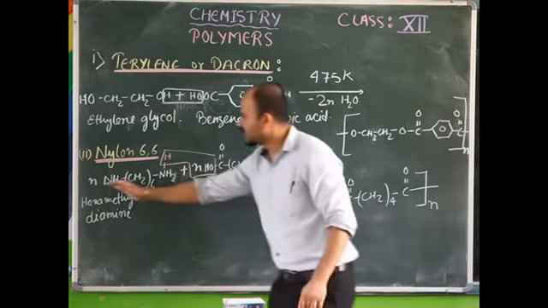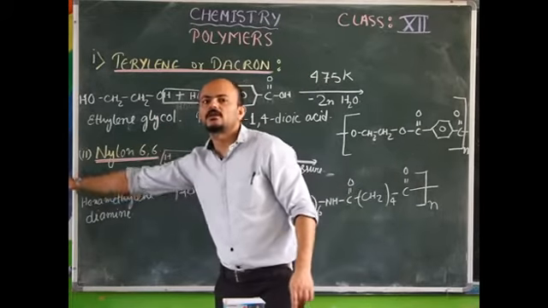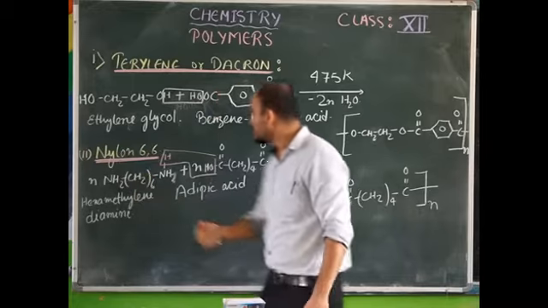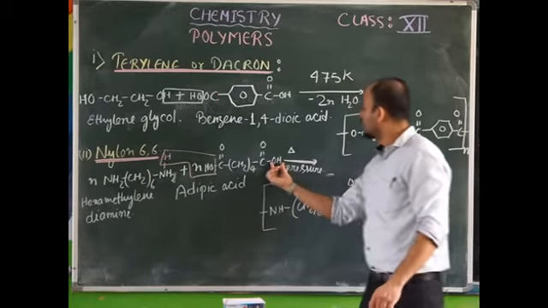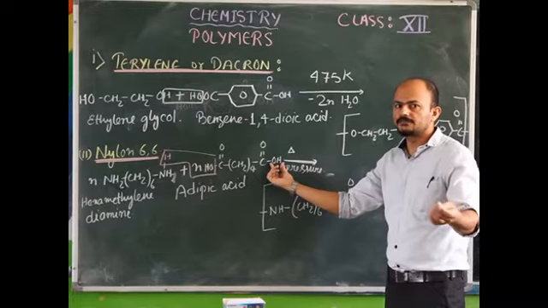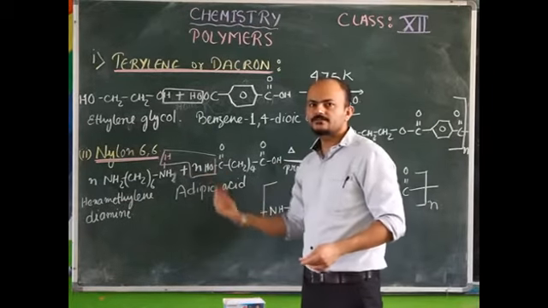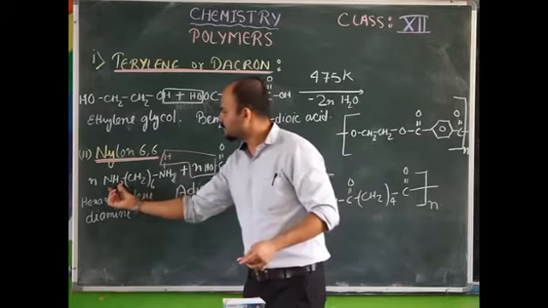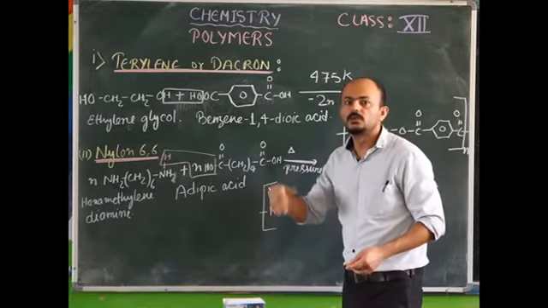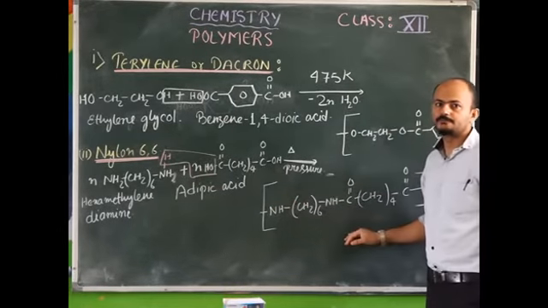From this side again, whenever it has to form a bond with another molecule, this hydrogen of NH2 gets eliminated, and from this side this OH will get eliminated. For remembering purposes, a molecule of water is eliminated from here, and one hydrogen from here and one OH from here. That means another molecule of water will be eliminated whenever you write its polymeric form.